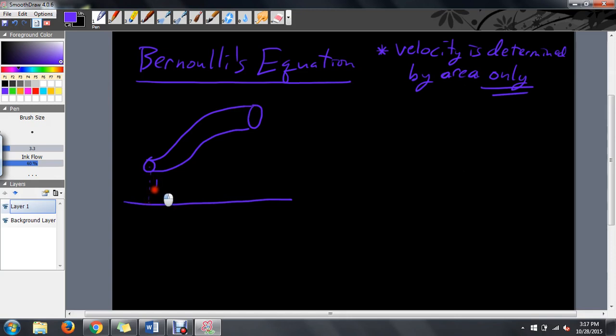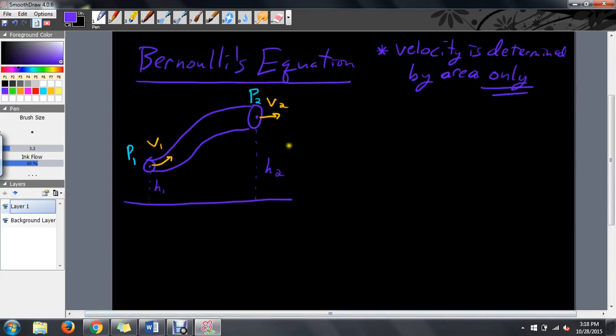So if this is a height h1 and this is a height h2, by the way, the height is measured to the center of the pipe, and I have a velocity or a flow speed v1 here, a flow speed v2 here, that is determined by the area a1 and a2, which I'm not going to mark. And since we're in a fluid, we have a pressure P1 here and a pressure P2 here. Bernoulli's equation relates these three.